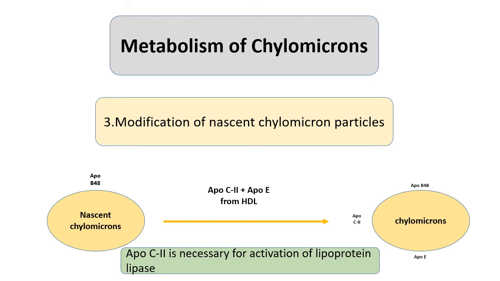Lipoprotein lipase enzyme degrades the triacylglycerol contained in the chylomicron. The source of these apolipoproteins is circulating HDL. So, chylomicrons receive apolipoprotein E and apolipoprotein C from circulating HDL.